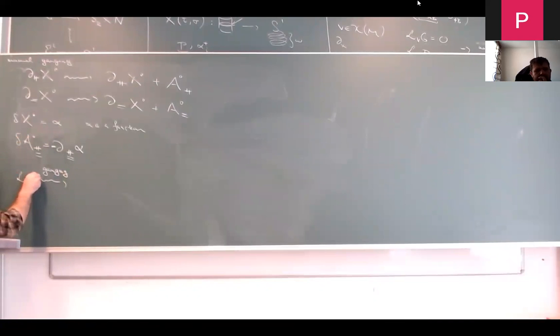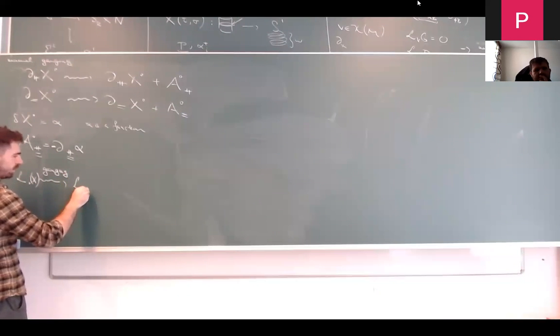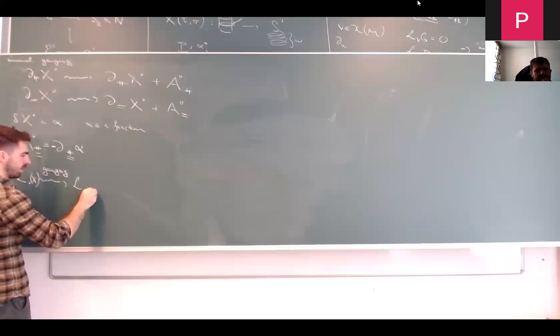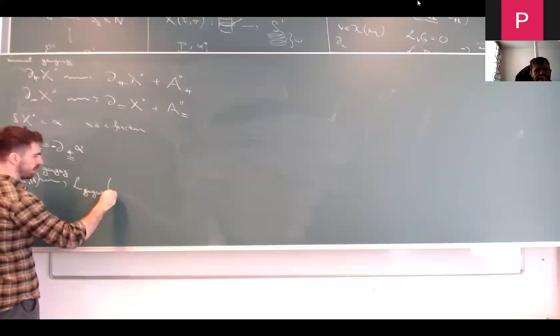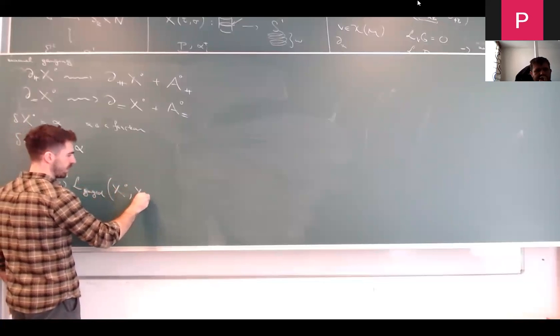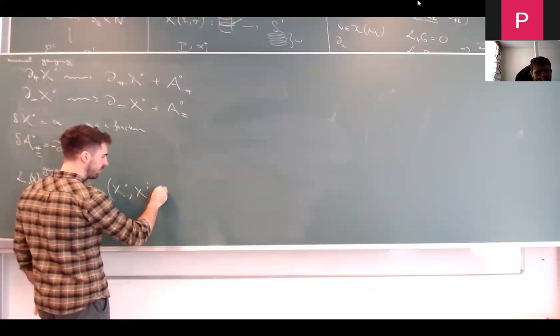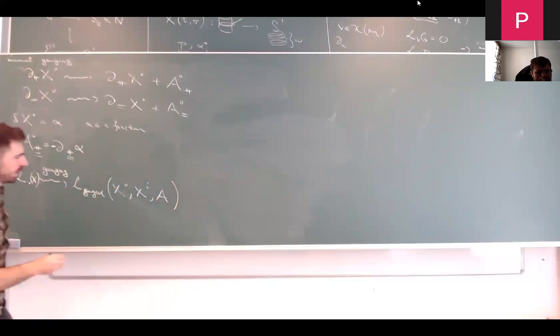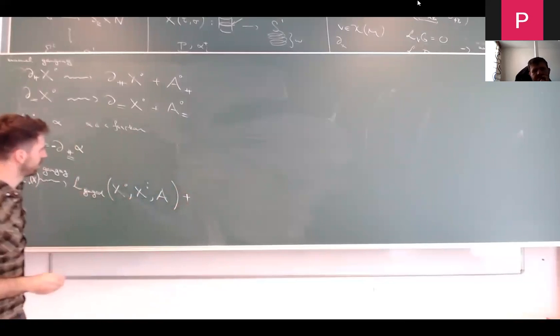Instead of having all this dependence on x, I now have the gauged x0, x5, and I add an extra term.